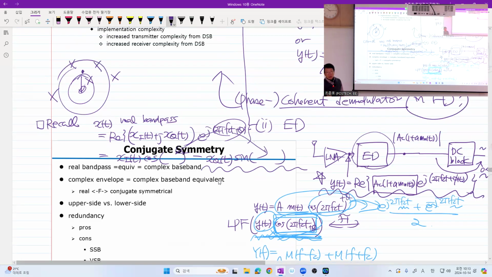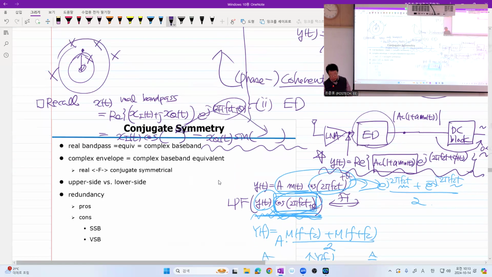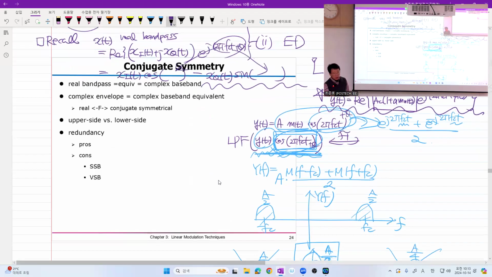What does that mean in the frequency domain? That is actually all due to conjugate symmetry over a real valued message. So let's go back to the message Fourier transform. M of t has Fourier transform capital M of f. Say you have this bell-shaped thing.